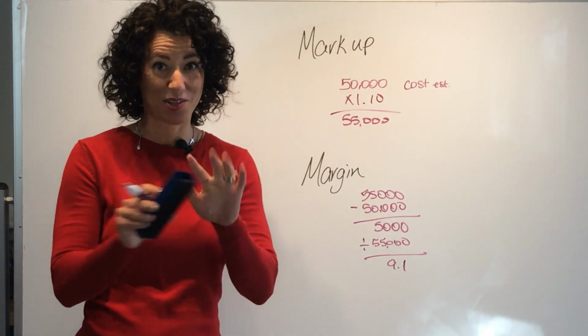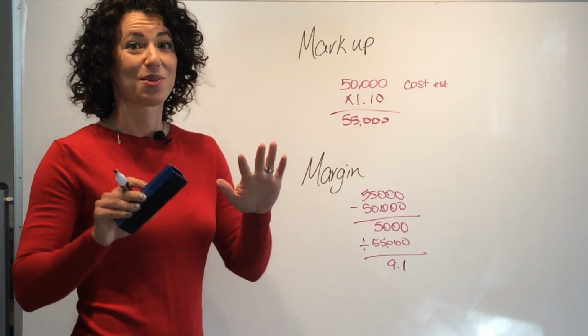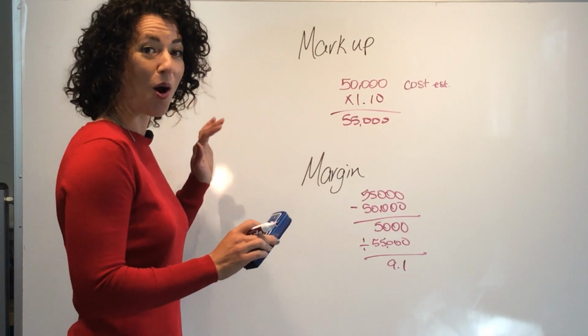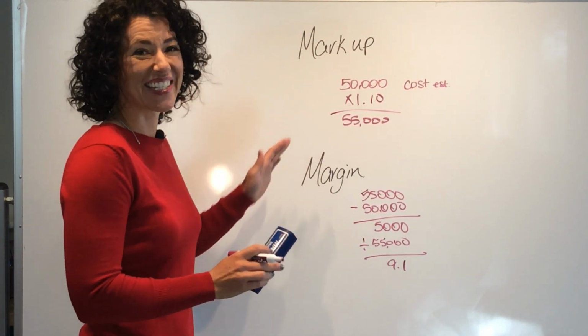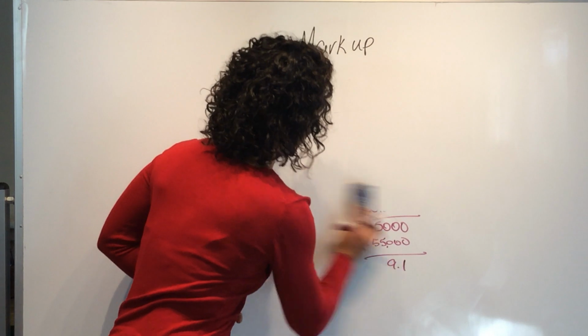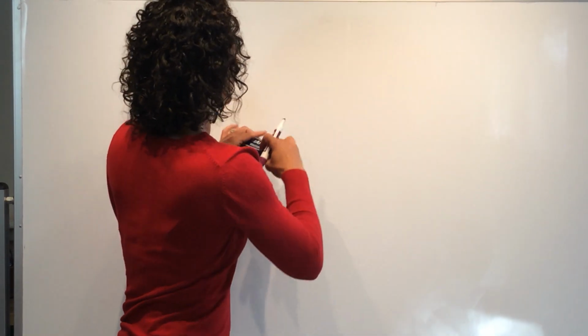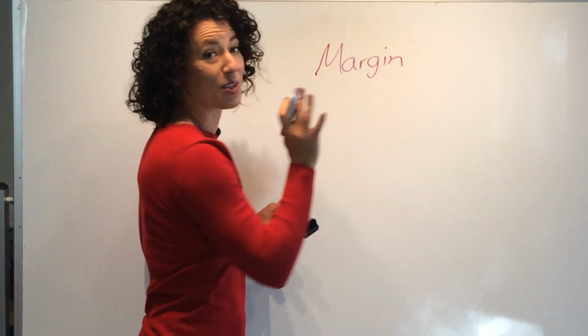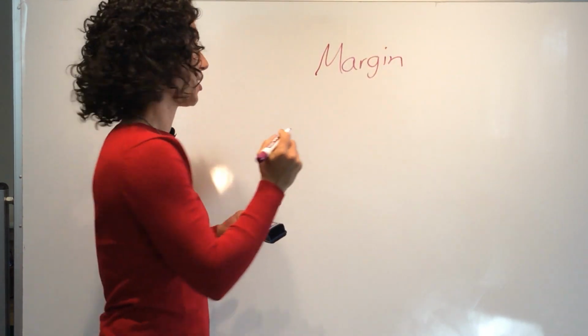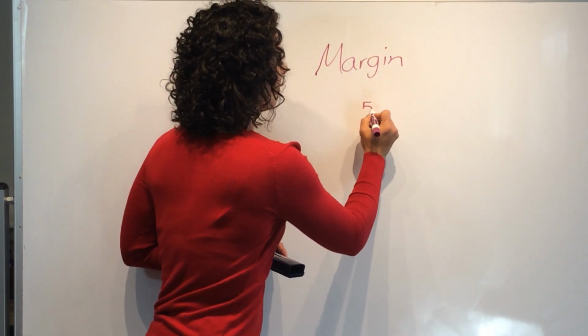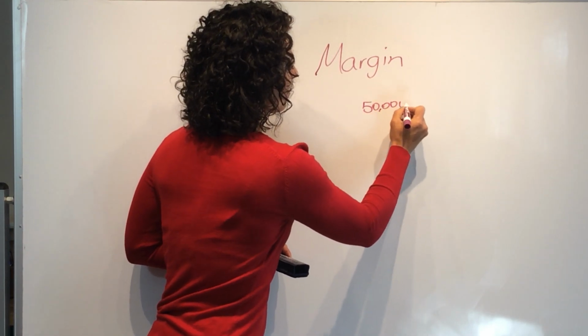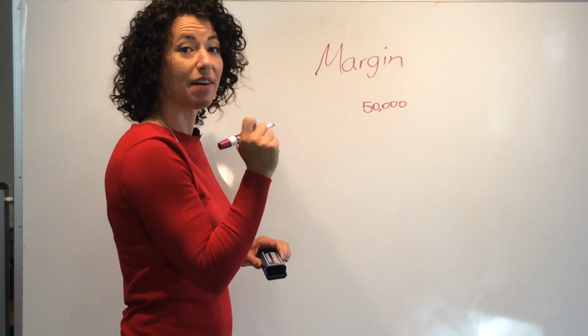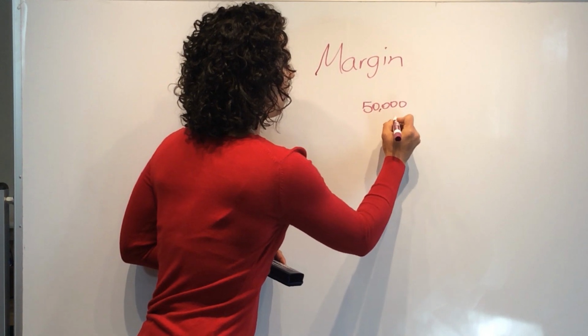Okay, now we're going to have to erase this and do some other math. So now we're going to do how to get margin to be 10%. To do that, we would take our $50,000 and divide it by 0.9.